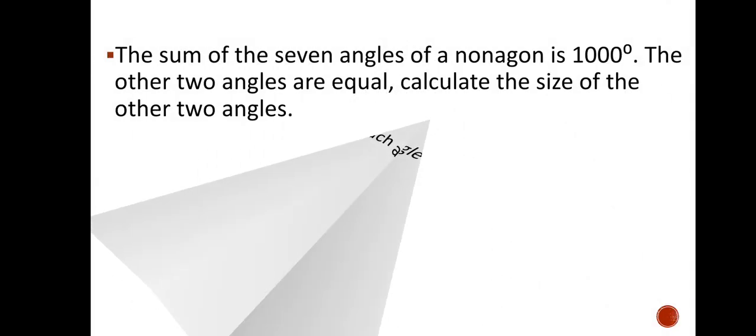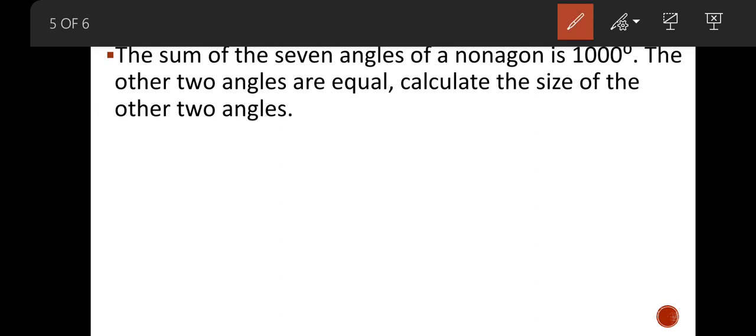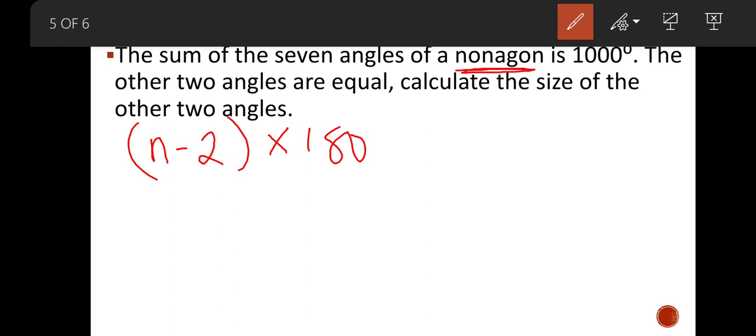So now let's proceed. This question says the sum of 7 angles of a nonagon is 1000 degrees. The other two angles are equal. Calculate the size of the other two angles. Using our formula again, n minus 2 times 180 degrees. A nonagon is a shape that has 9 sides, not 4 sides.